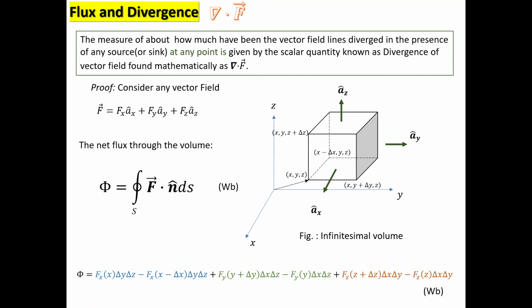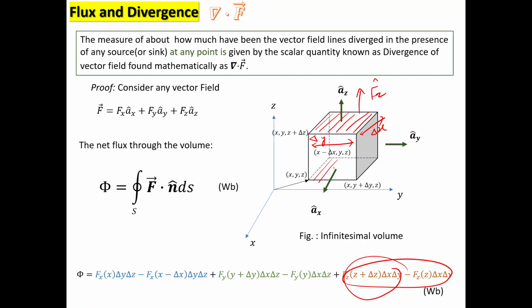And similarly, we can say the same for the z direction. The area is del x and del y, and this is in the z direction. For the opposite area, the direction of the outward normal will be minus az, hence the minus sign here.